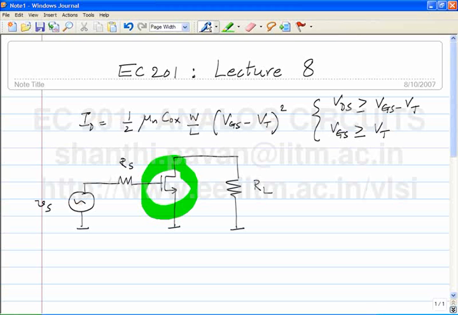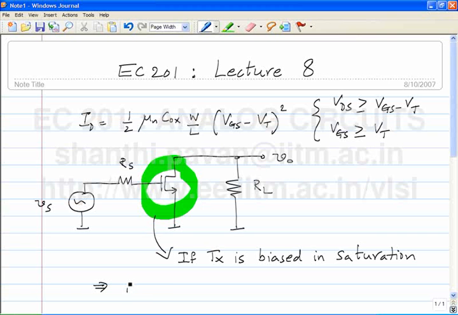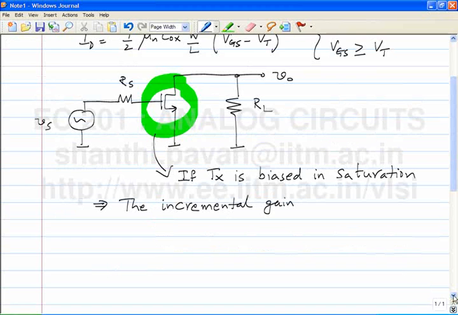In what region must this be operating when I say it's biased properly? The transistor is biased in saturation. Then the incremental gain, please note that this as is will not work.